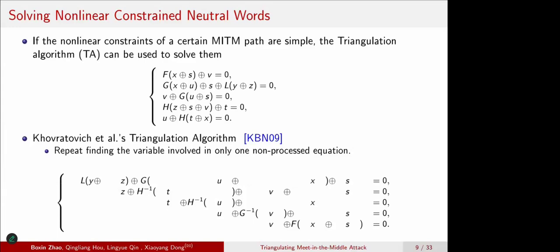The core idea is to find a variable involved in only one equation and mark the variable and equation as processed, and repeat the process on the remaining equations. Here, if we traverse the values of x and s, called free variables, then v, u, t, z, y can be deduced and we call them dependent variables.